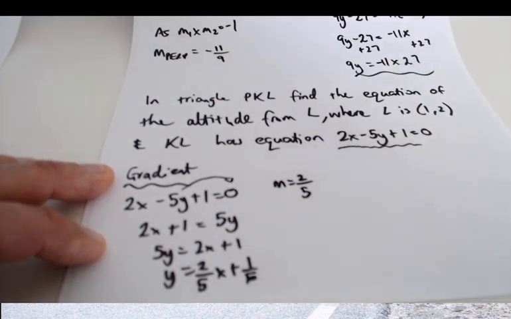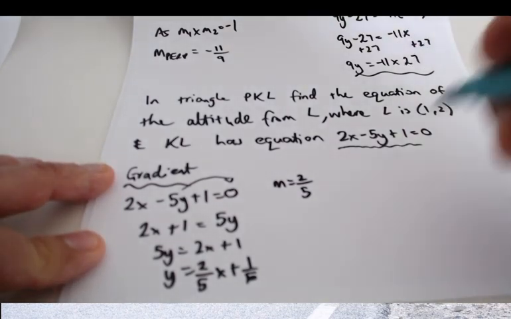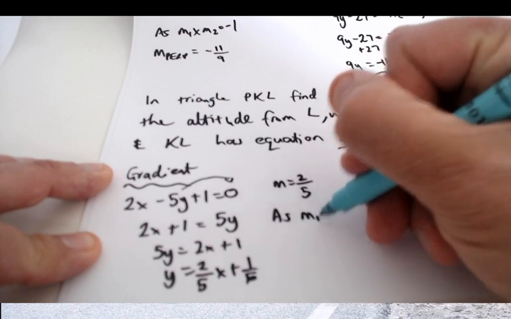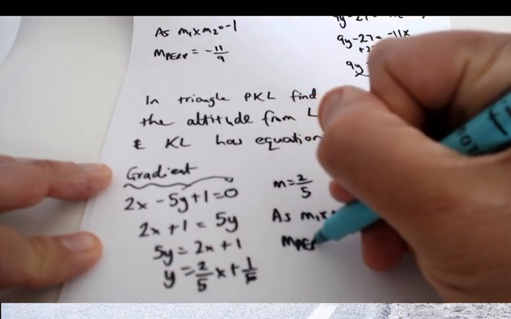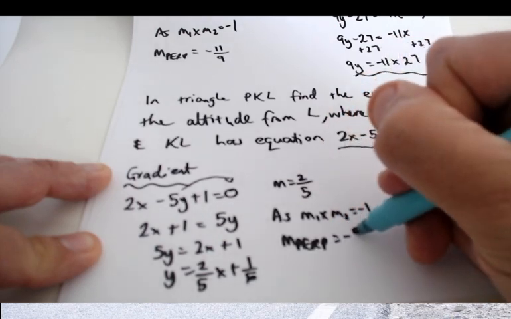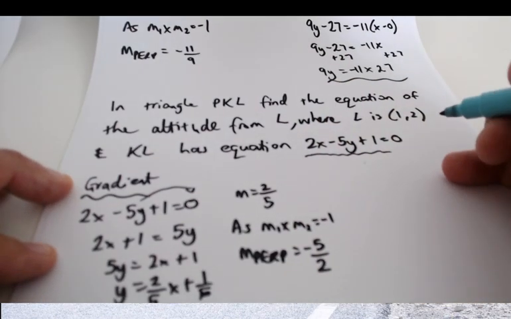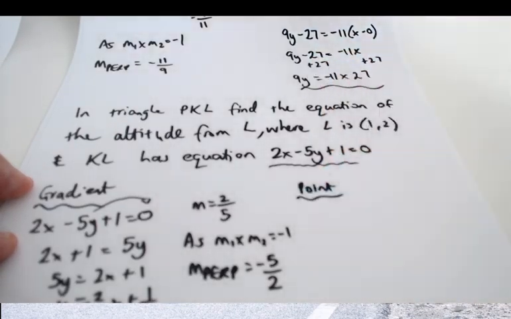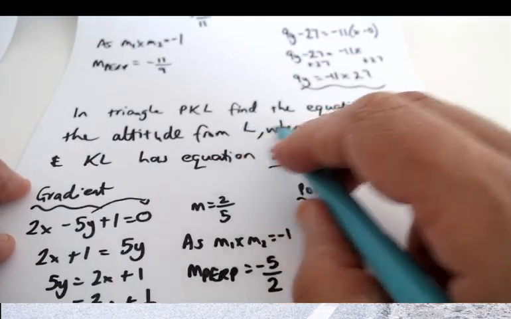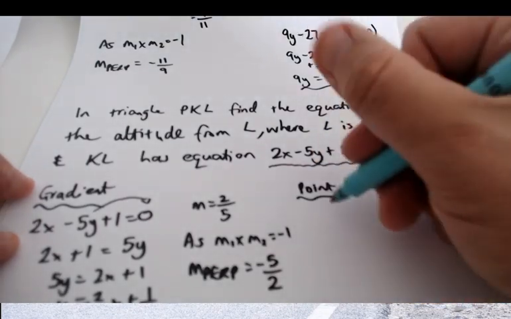That's me found the gradient of the opposite side, but remember I still need a perpendicular gradient. So little statement, m perp, turn it upside down, change the symbol, minus 5/2. The point, well, where's the question? It's the altitude from L, and they've told me the point, which is 1, 2.